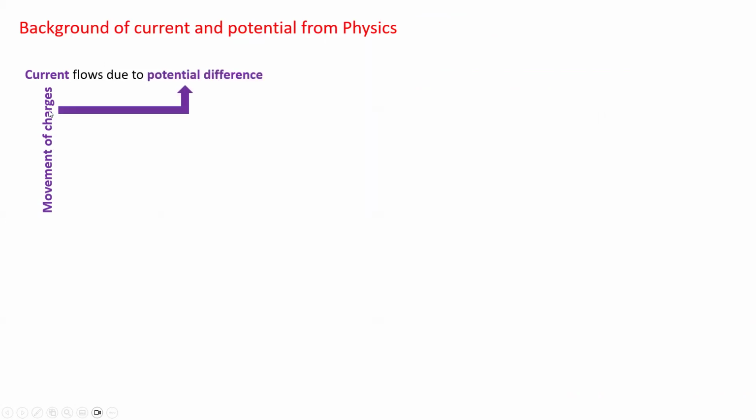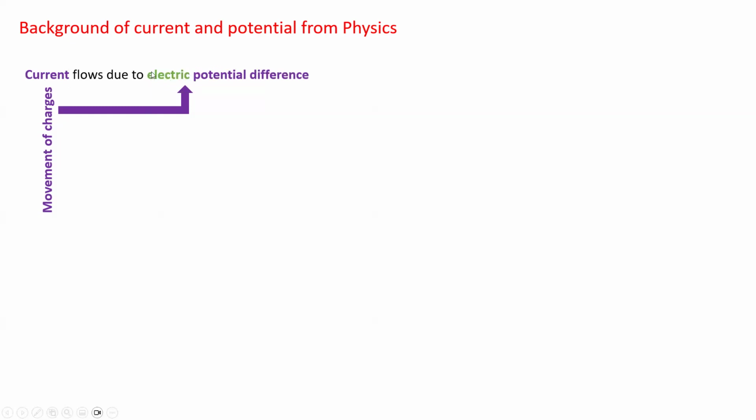For this you need some background of current and potentials from physics before going into detail. You have studied in physics that current flows due to potential difference. And what is current actually? It is the movement of charges. So the movement of charges due to potential difference is what is responsible for producing the current.